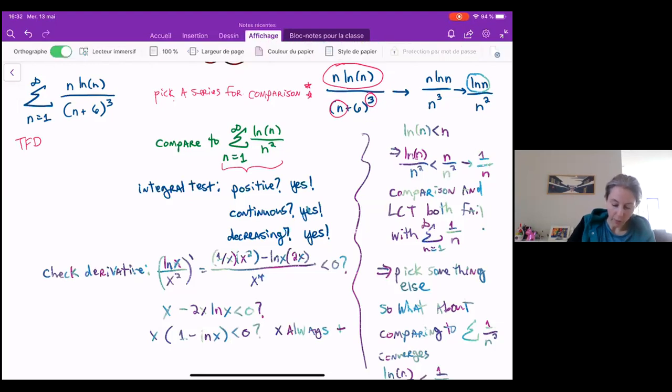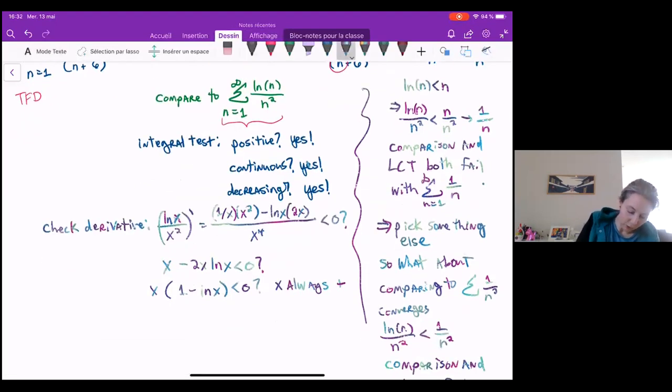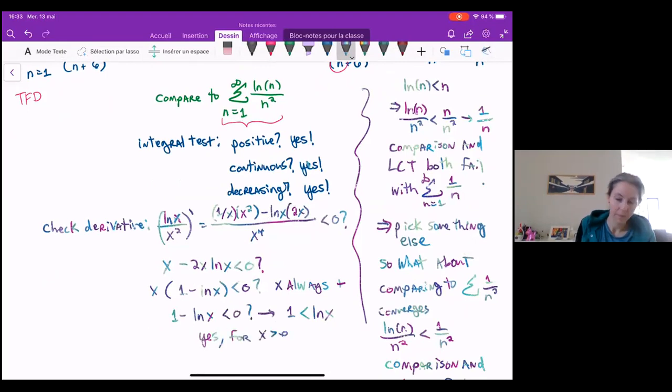So that's the same thing as saying 1 minus ln x is less than 0. That gives me 1 is less than ln x. In other words, ln x is bigger than 1. And yes, that happens for x bigger than e. So as long as our n value is bigger than e, this thing is decreasing.